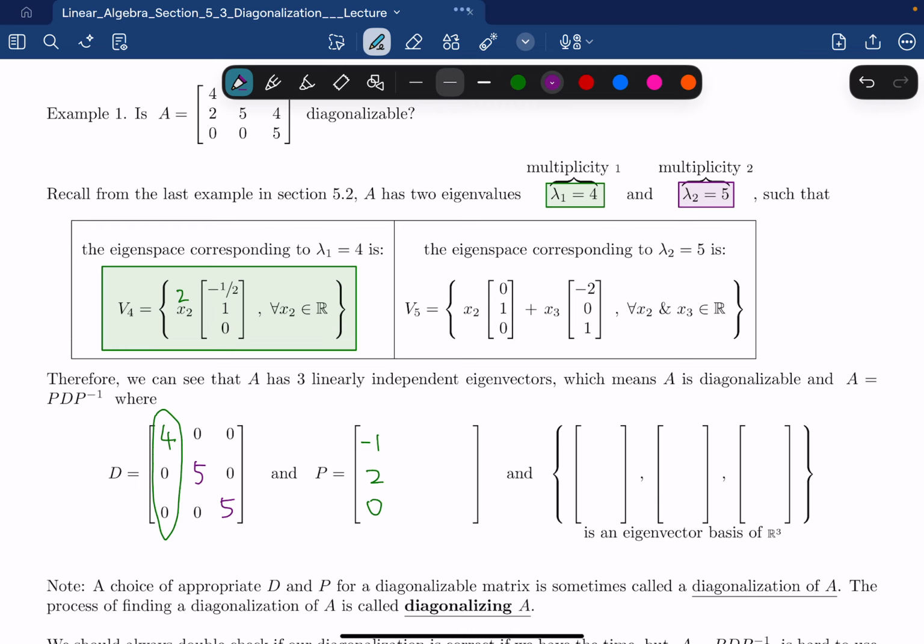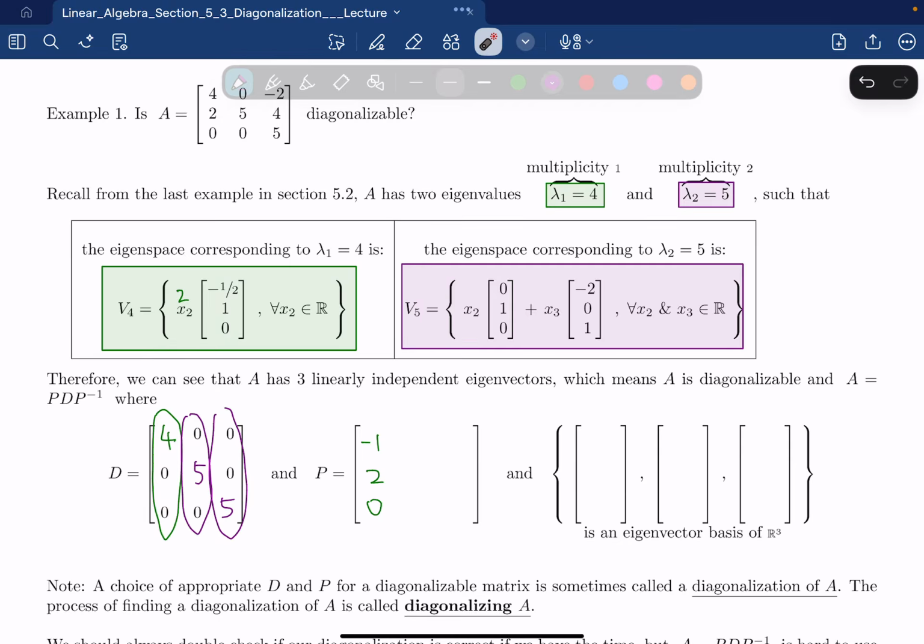For column 2 and column 3 of D, I choose 5 and 5, of course, because of the multiplicity. Here, I can choose any vector corresponding to lambda 2 equals 5. But be careful, I have to pick vectors that are linearly independent. For example, I can't just take x2 equals 2 and x2 equals 3, so 0, 2, 0 and 0, 3, 0. Those are not linearly independent.